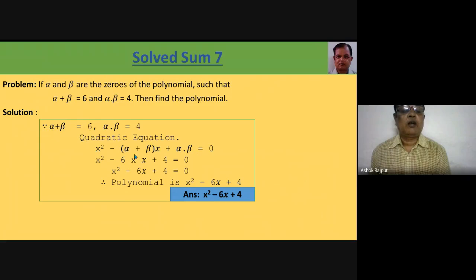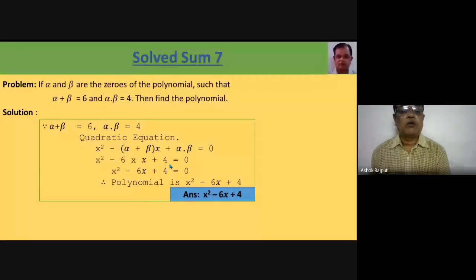Then we put here alpha plus beta is 6, alpha into beta is 4, then it is x square minus 6 into x plus 4, x square minus 6x plus 4 equal to 0. It is the polynomial as we have written here. Therefore, the polynomial is x square minus 6x plus 4.